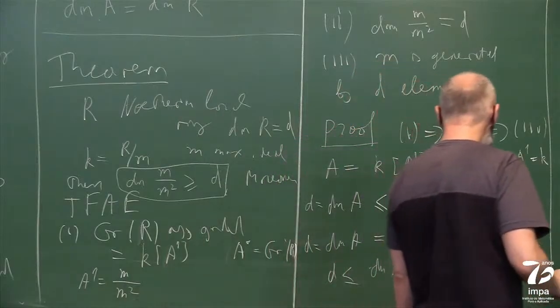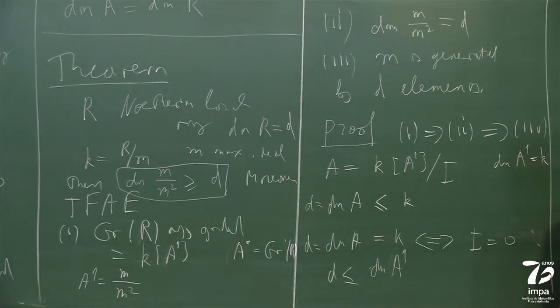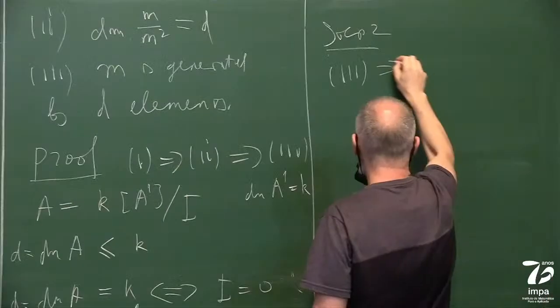So how to see that 3 implies 1? So this is step 2. 3 implies 1.